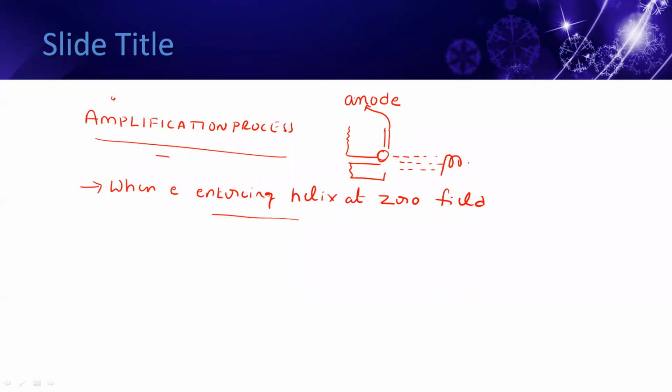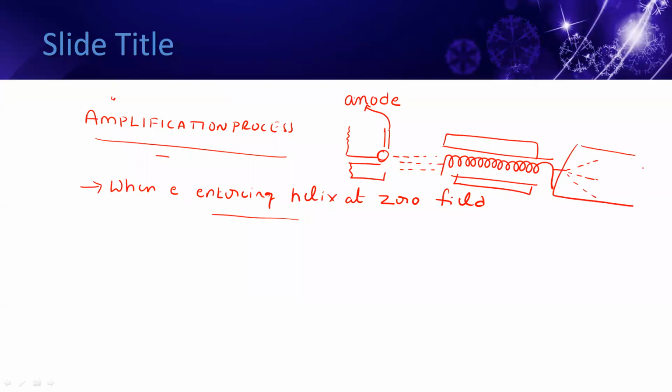This is the slow wave structure. That is the RF input. It is the focusing magnet. Okay, so here we get amplification. This is the brief schematic related to the traveling wave tube.